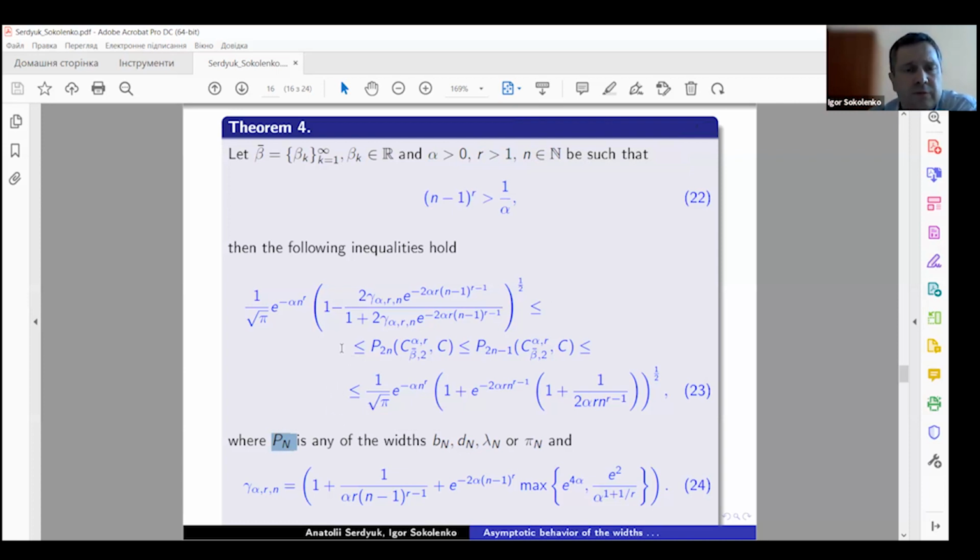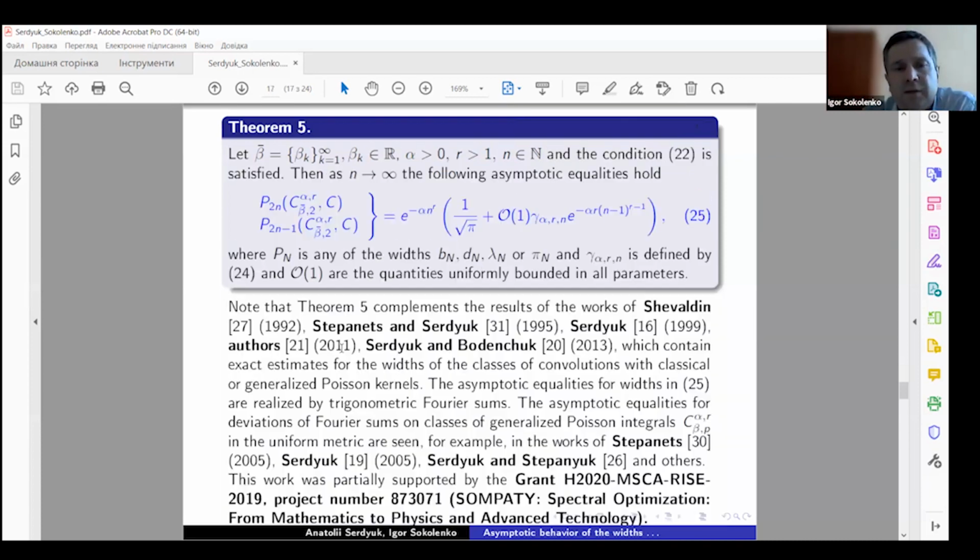And the next theorem, theorem 5. Let beta be the same as in theorem 4, alpha greater than 0, r greater than 1, n a positive integer, and the condition 22 is satisfied. Then as n tends to infinity, the following asymptotic equality holds, 25.